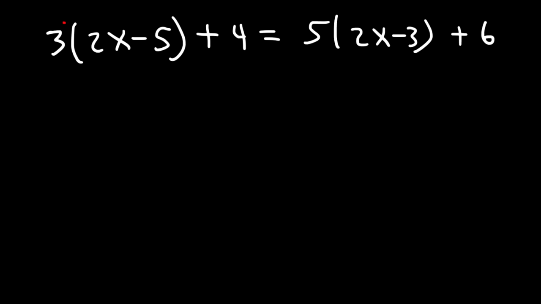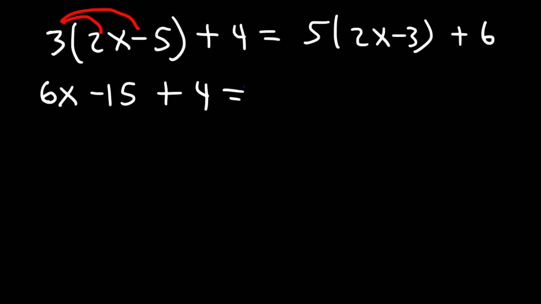So let's distribute 3 to 2x and to negative 5. 3 times 2x is 6x, and 3 times negative 5 is negative 15. Now let's do the same on the right side. 5 times 2x is 10x, and then 5 times negative 3 is negative 15.